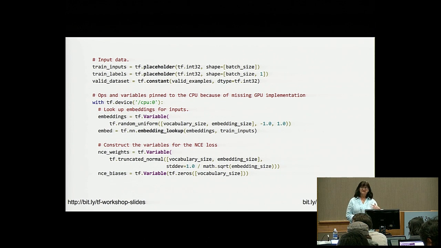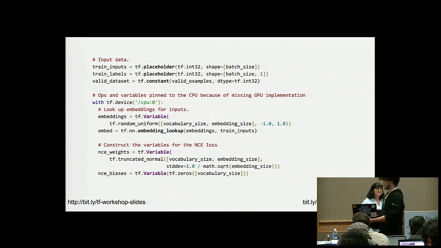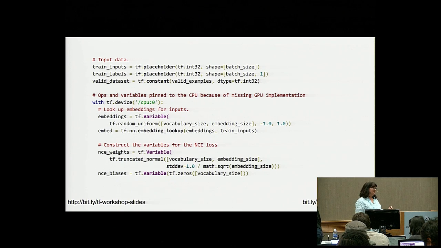We did this data pre-processing, all of the parsing, the context target pairs, like we talked about, with this moving window. So we've done all that. We've generated our labeled data, and so we're building placeholders for those. And then valid data set is short for validation, a little confusing nomenclature there. That's just the set of things that we're printing each iteration as we train to see what the nearby words are.